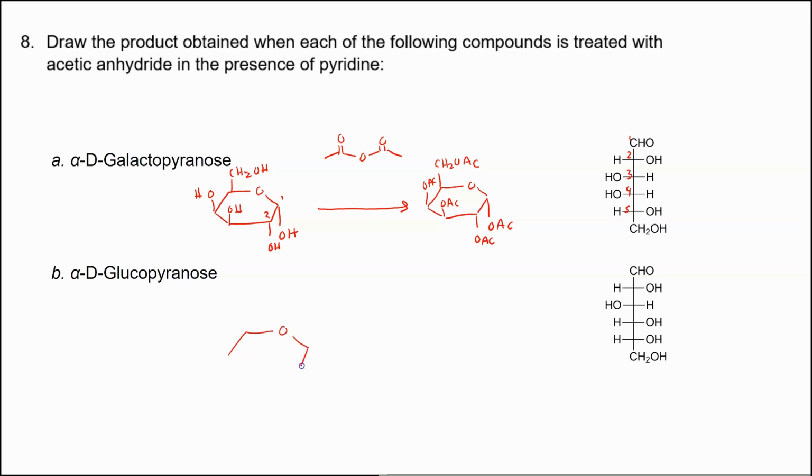I'm just going to draw the product of this one here. So our alpha would be OAc. This one is 2. Down OAc. This is up OAc, and 4 is down. So that's what that one would look like.